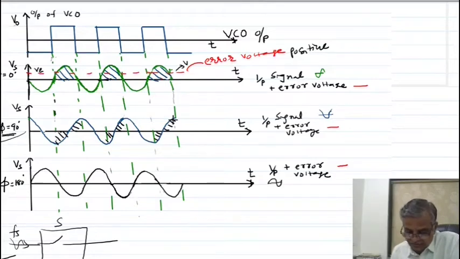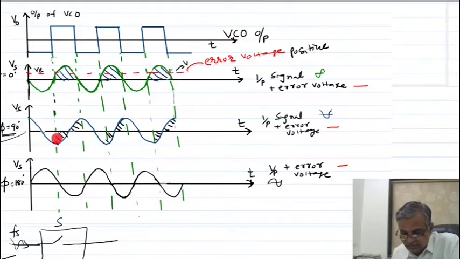Look here. When the positive half of the square wave of the VCO appears at this point, then the switch is closed.